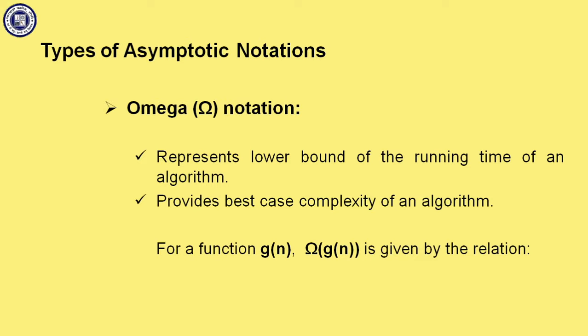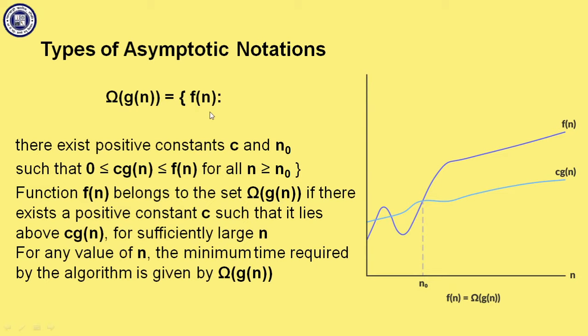Similarly, if we try to calculate it in terms of g of n, then omega of g of n will be given by f of n, where there exist positive constants c and n0, where n0 is a point which provides a closure point between both graphs, and c is a constant which is used within the graph for calculation.